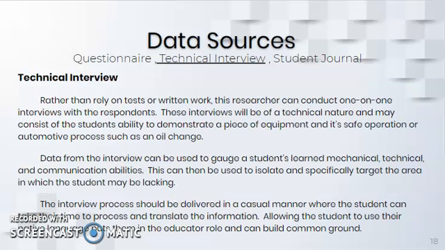The second data source that we can use is a technical interview. Rather than rely solely on written tests or research papers or anything like that, which other classes like English or history or geography might use, we have an awesome opportunity in tech to conduct a technical interview.